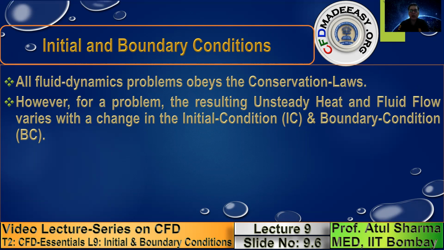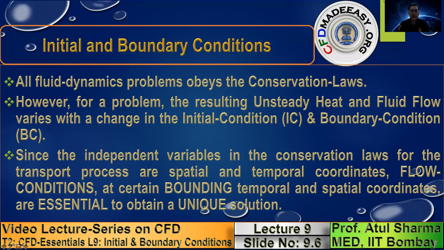So at the external boundary, typically we use a free slip boundary condition. Whereas when it enters inside the tunnel, now we have to consider the wall of the tunnel in our computational domain, and there we use a no slip boundary condition. So this free slip versus no slip boundary condition affects the solution for the present problem. So for a problem such as flow across a car, you can understand and appreciate that the resulting unsteady flow varies with change in initial condition and boundary condition.